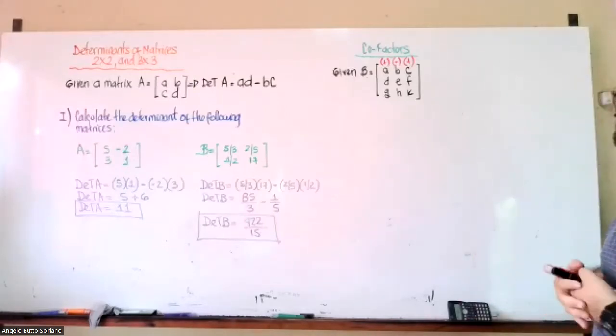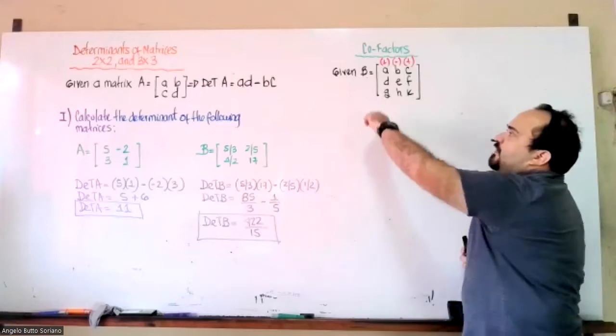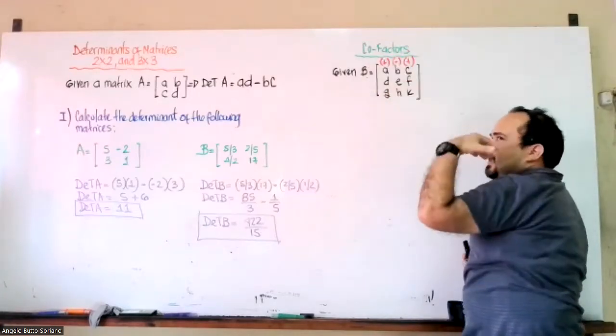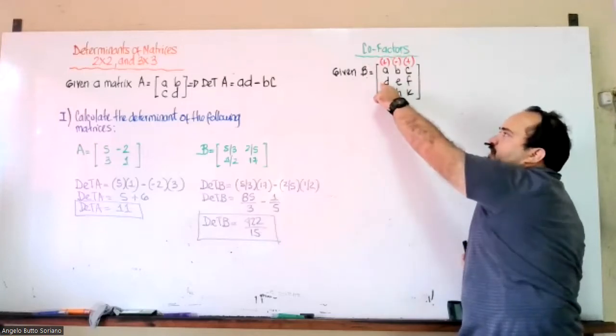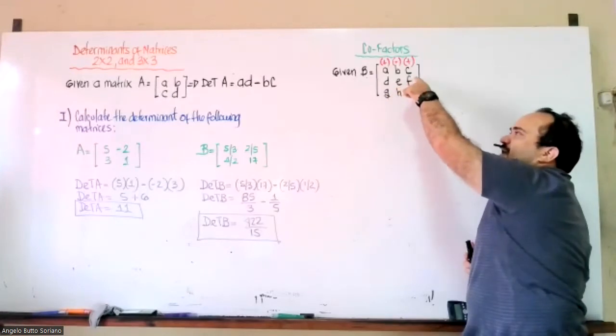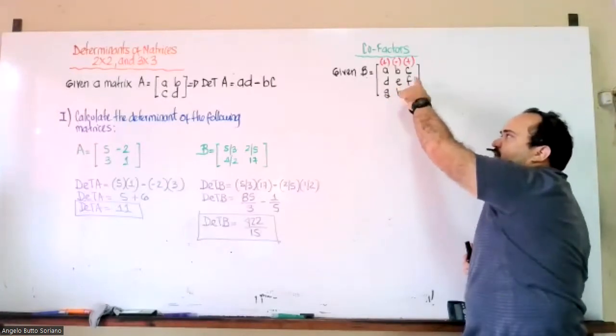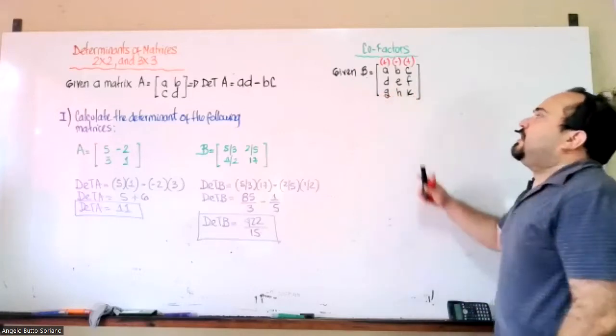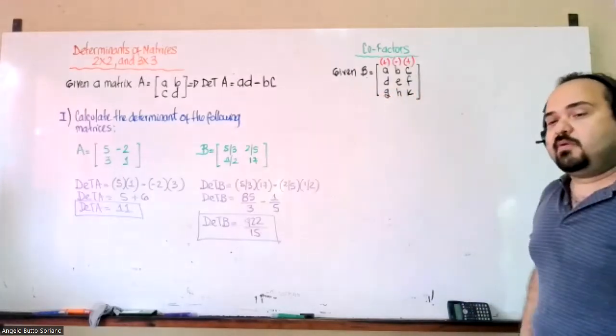Always, always, always. If you take the second row as the reference, the order will be the opposite. I mean, the first one will be negative, the middle one will be positive, and the last one will be negative. And if you take the third row as the reference, the signs will be the same as the original one.